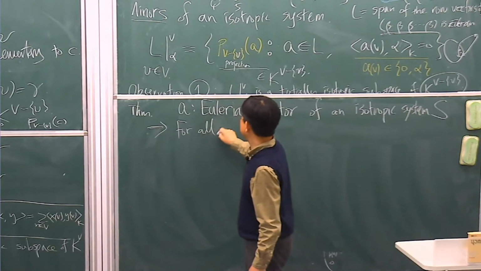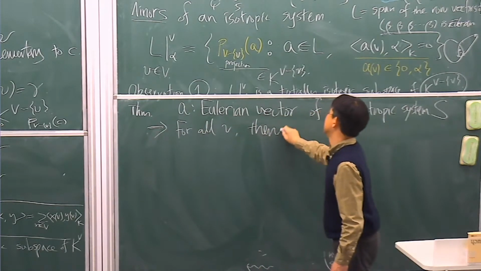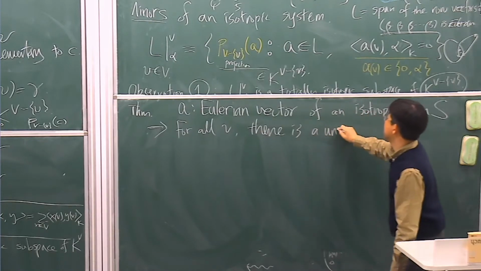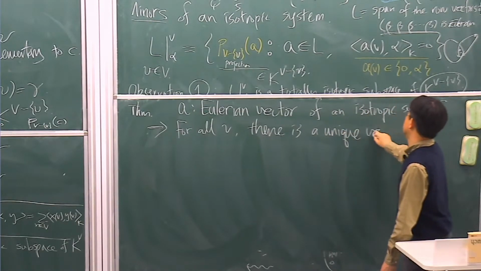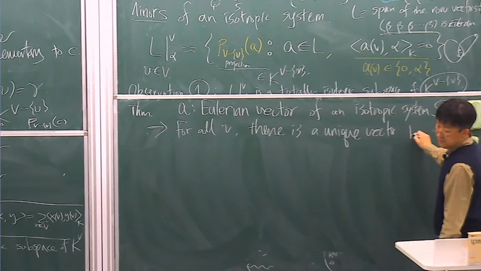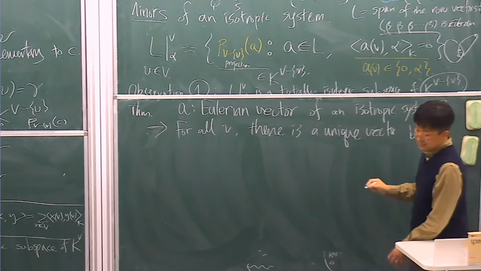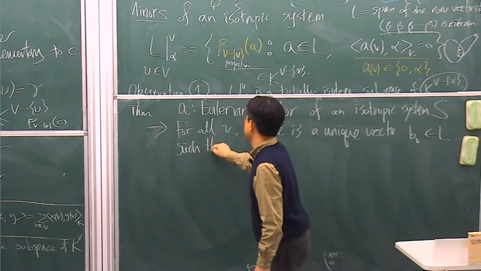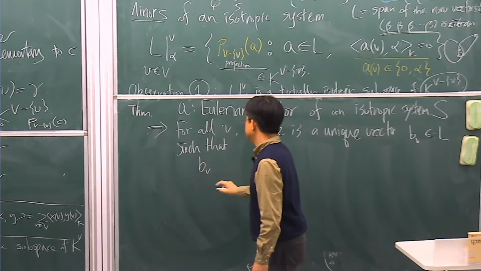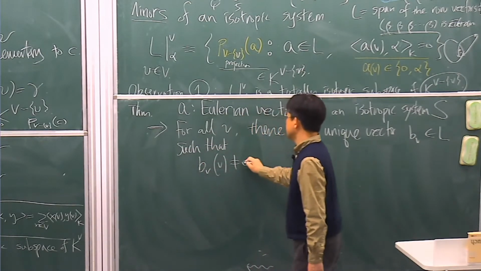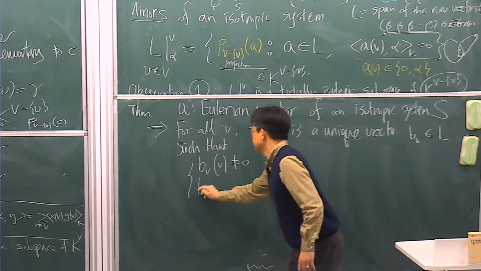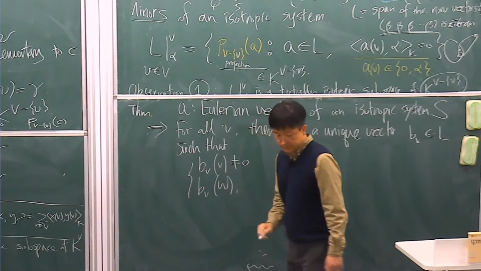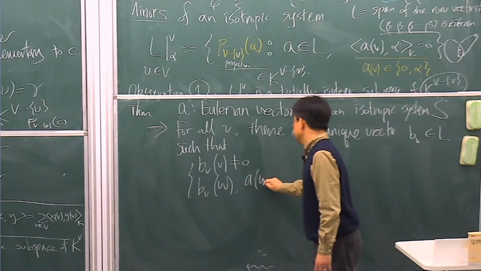For all V, there is a unique vector BV in L such that BVV is non-zero and BVW is supplementary.